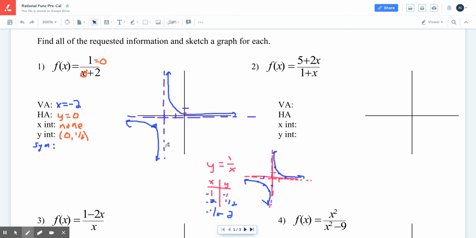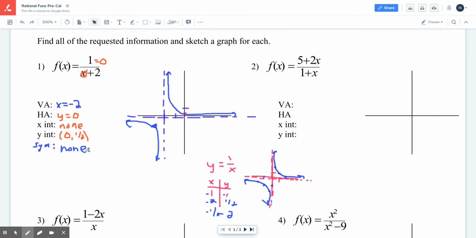Notice how these curves approach each of the asymptotes. They don't cross them. They just get closer and closer. So that is the problem for number 1. Now, I don't want to forget about the symmetry. If I flipped this over the y-axis, it's not the same graph. If I rotate it, it's not going to end up being the same graph. So the symmetry is none.